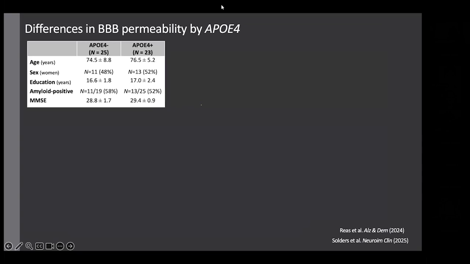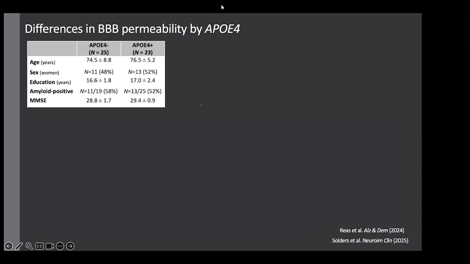So we used this DCE MRI technique to understand blood-brain barrier breakdown in the preclinical stages of Alzheimer's disease. And so for the analysis I'm going to show you, we focused on cognitively normal older adults and wanted to look at genetic risk for Alzheimer's disease.